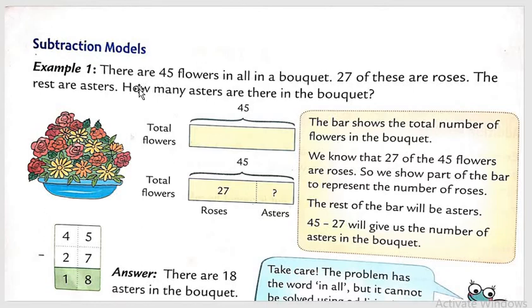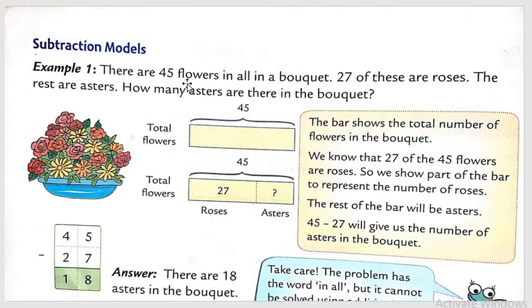Let's check what the question is and understand the problem. There are 45 flowers in all in a bouquet. 27 of them are roses, the rest are asters. How many asters are there in the bouquet?